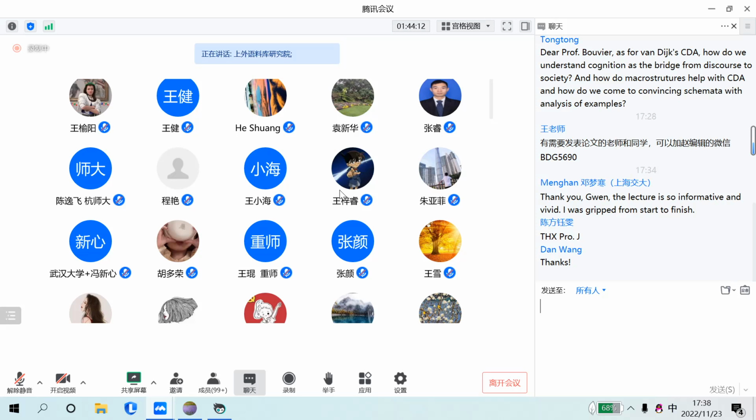Dear Professor, as for Van Dijk's CDA, how do we understand cognition as the bridge for discourse to society? And how do macro structures help with CDA? And how do we come to convincing schemata with analysis of examples? Well, that's very good, but that's not exactly what I did here. I used it in a very, very simple way.